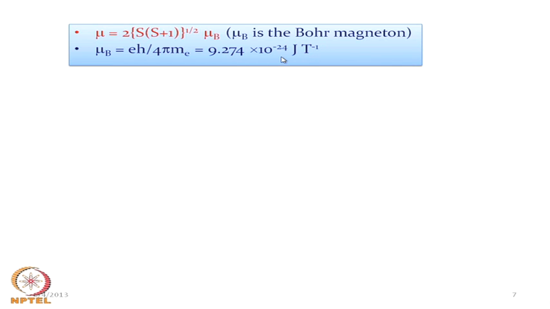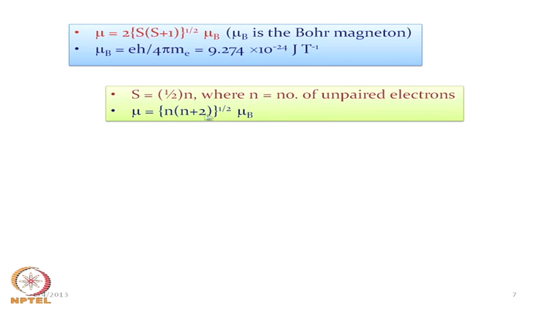So, this mu B term gives rise to the calculation where we can calculate the number of unpaired electrons.